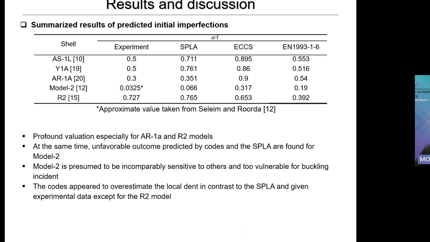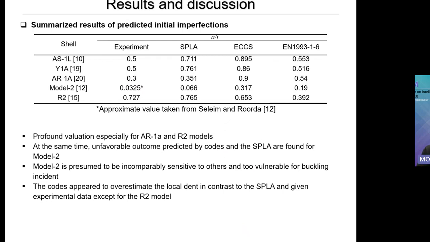Of course, we're going to compare the generated initial imperfection. Firstly, we calculated using the industry standard, which is ECCS and EN 1993-1-6. You can easily calculate it, and then we compare how close it is with the experimental and how close it is with our simulation.